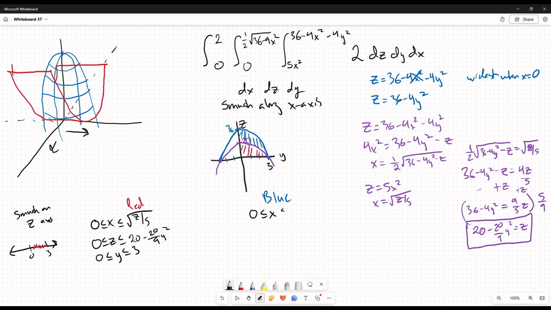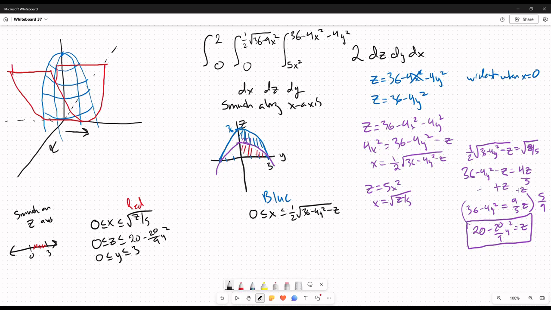Nope, that's the wrong thing. We solved it for x over here, and we got 1/2 square root of 36 minus 4y squared minus z. That's the front half of this function in terms of x.